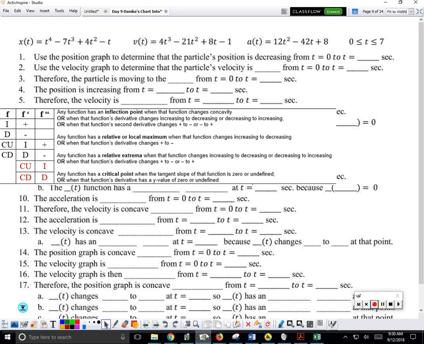So do that, go. So we would have had to change to 0 to 7 now, so you can see where that's located.